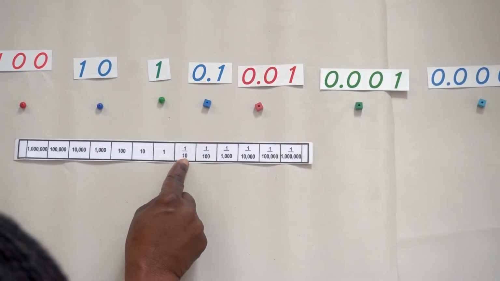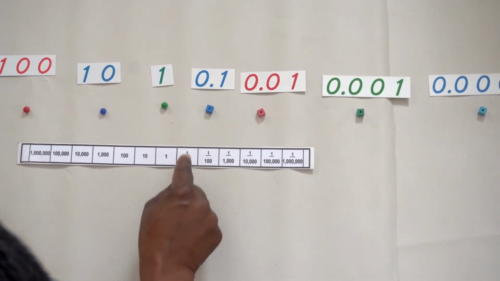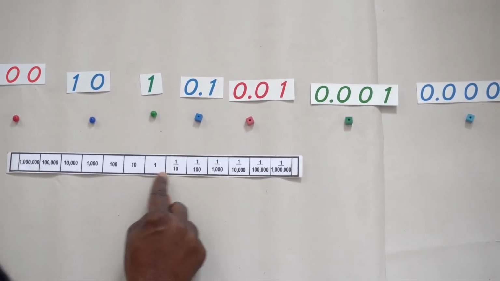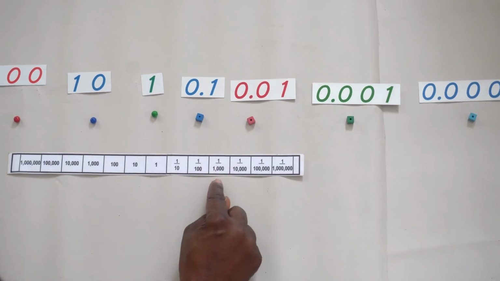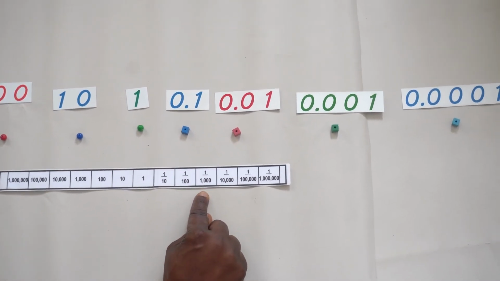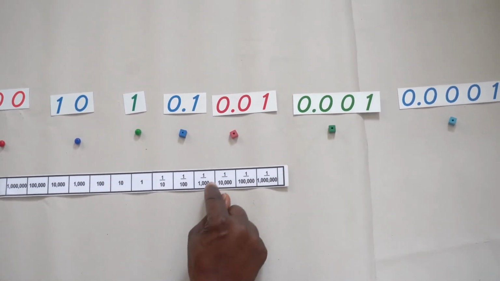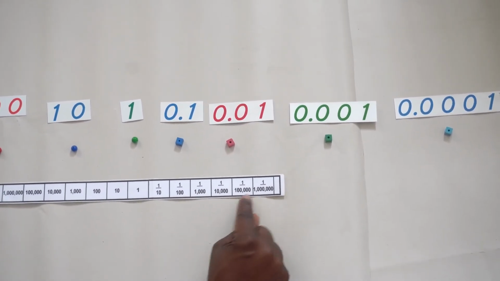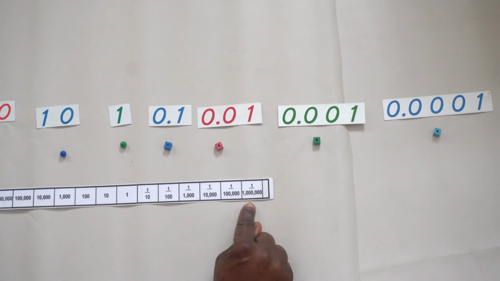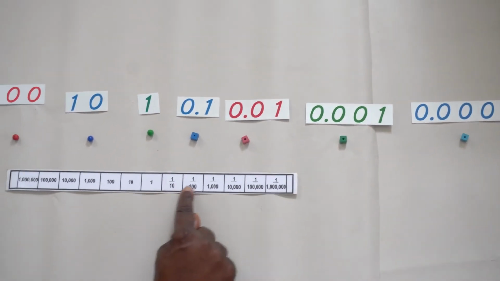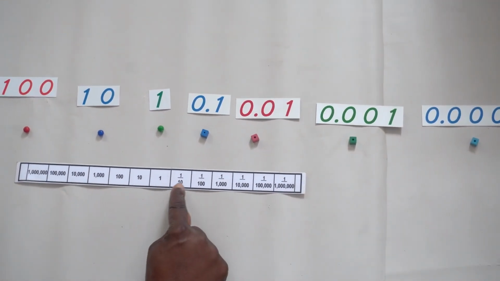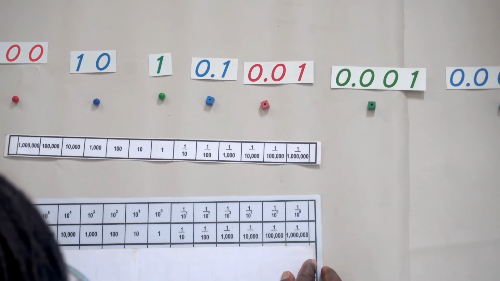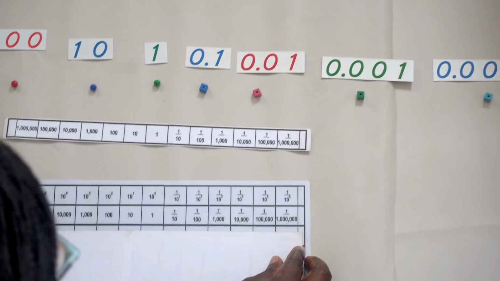So this is 1/10. That's another way of writing 1/10. So this is 1/10. This is 100th, 1,000th, 1/10,000th, 1/100,000th, and 1 millionth. So this is another way of writing these quantities on this side of the unit. So these are different ways of writing these same quantities.